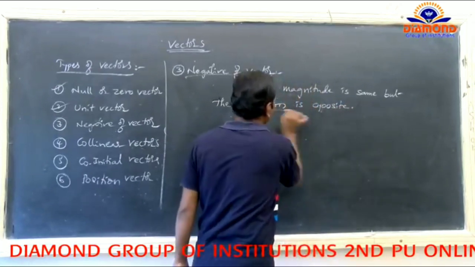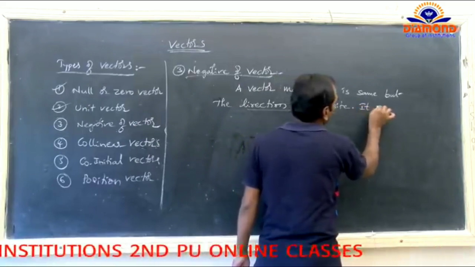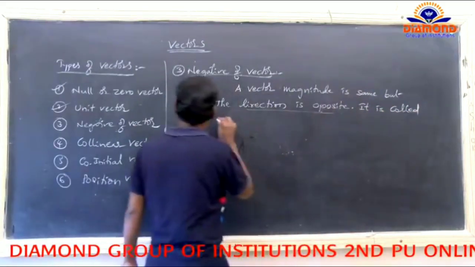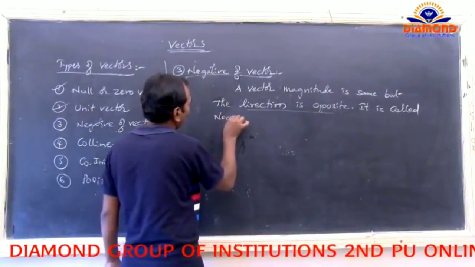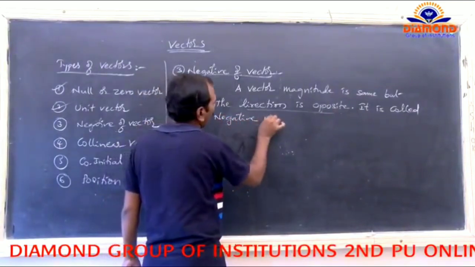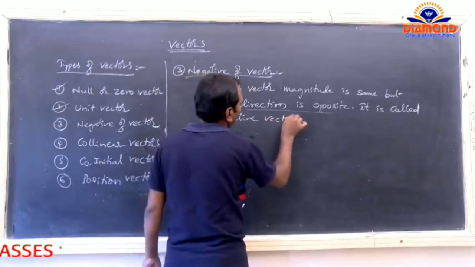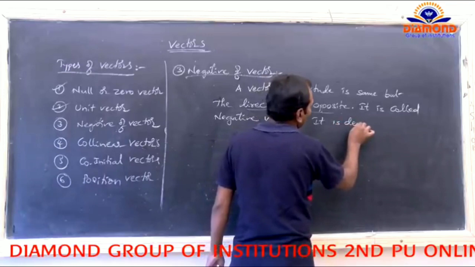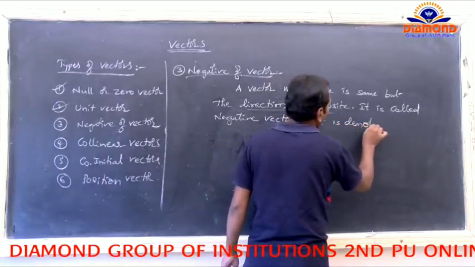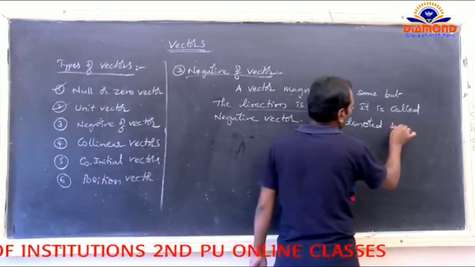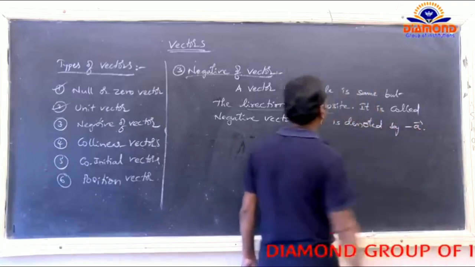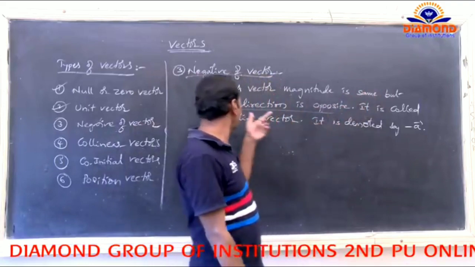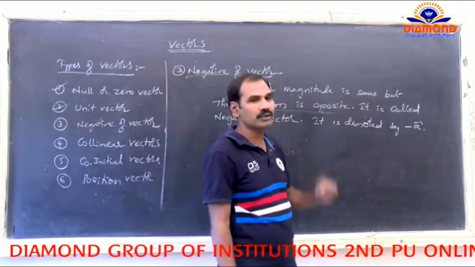It is properly called the negative of a vector. It is denoted by minus A. So simple, a vector whose magnitude is the same but the direction is opposite.